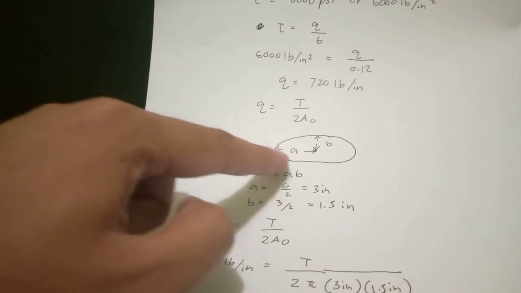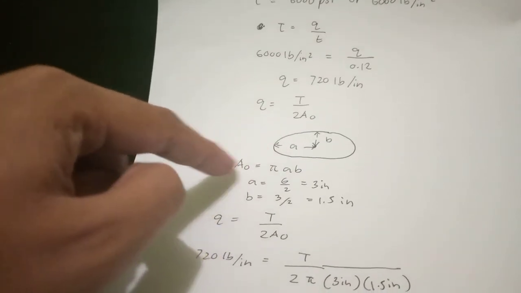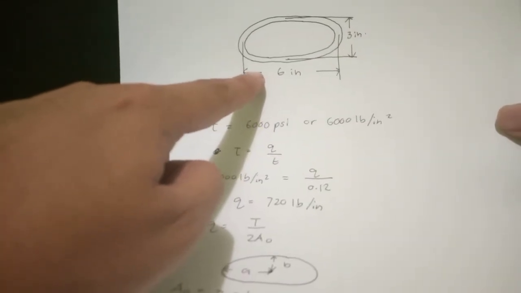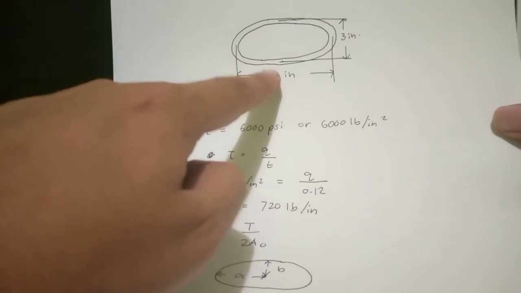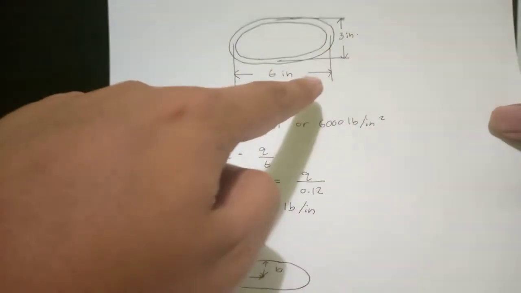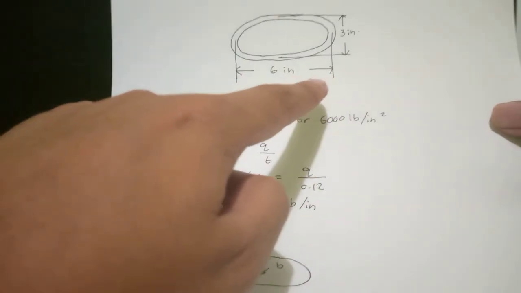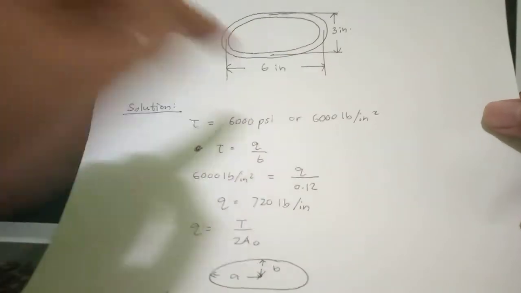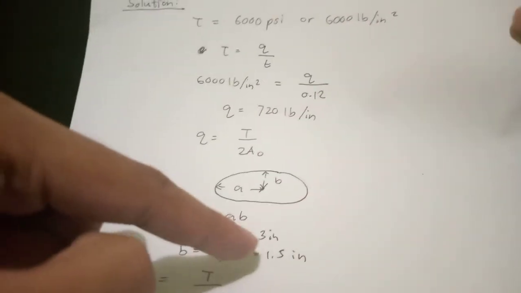Since the area of an ellipse is pi a b, from this figure a is one half of 6, the longer radius, so 3. And b is the shorter radius, which is 1.5 inch.